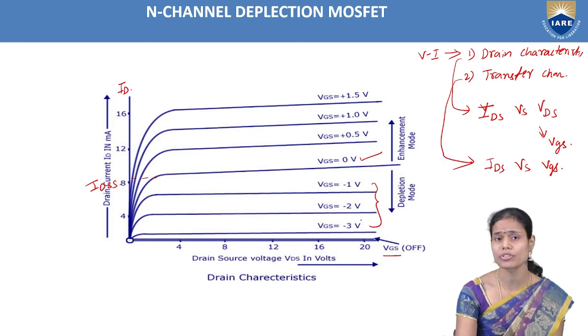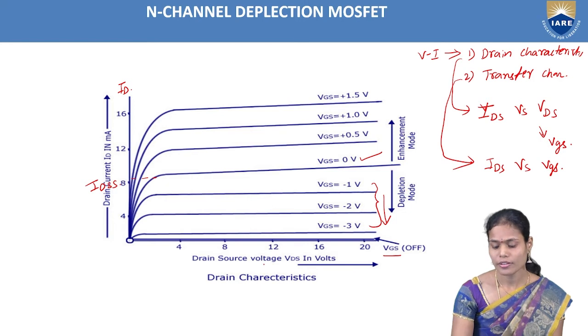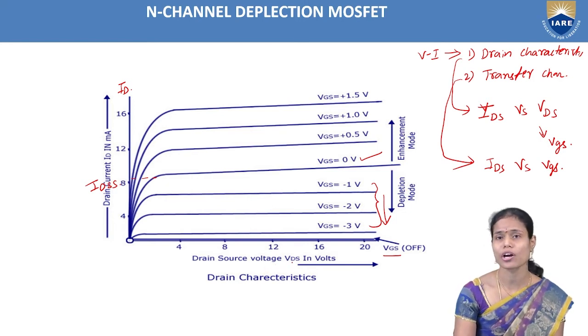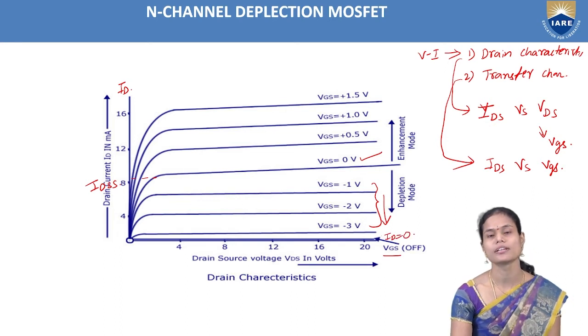The more you increase the negative voltage, the more the drain current decreases. And if VGS is at a more negative value, even though you are not providing the VDS voltage, in that case we will get the current ID as 0. In that case we can say the MOSFET is in the off state.